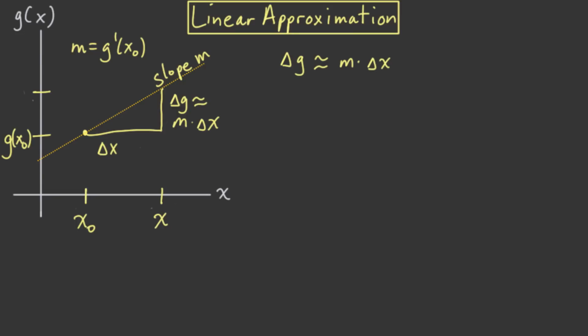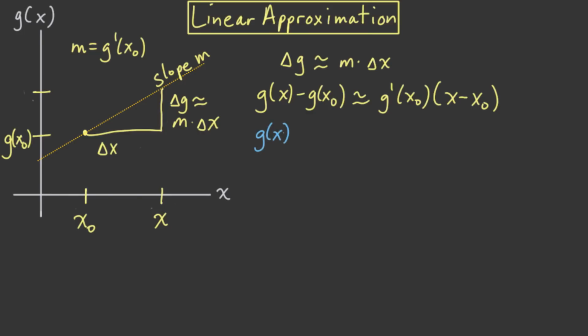We've got, on the left, g of x minus g of x naught, and that's approximately equal to, now our m we said was g prime at x naught, and delta x is x minus x naught. Moving some things around, we have g of x is approximately equal to g prime of x naught times x minus x naught plus g of x naught.